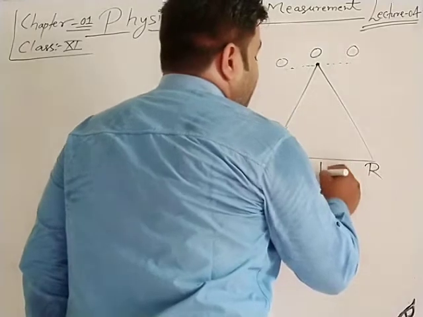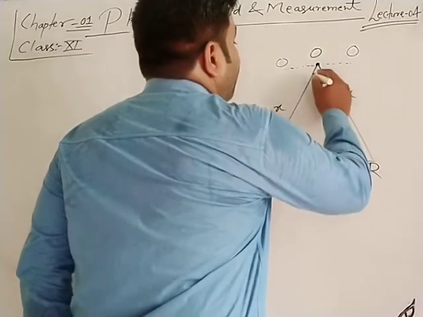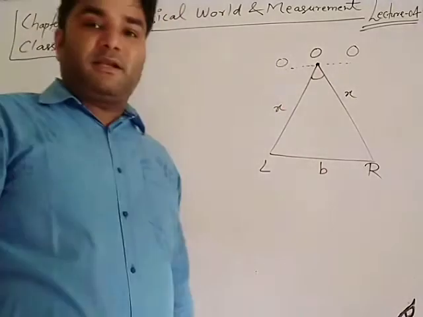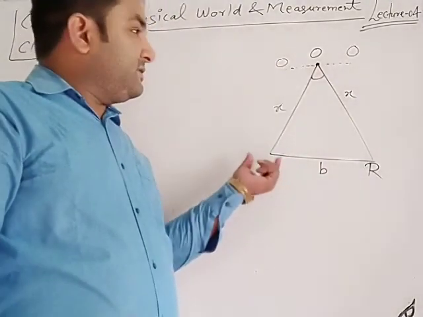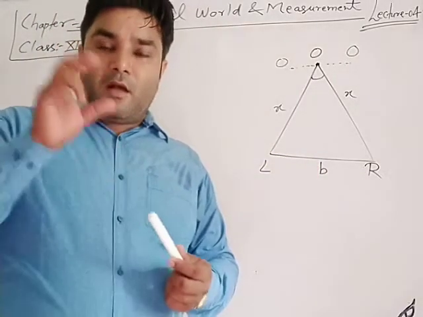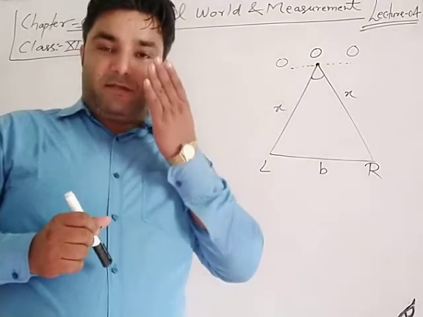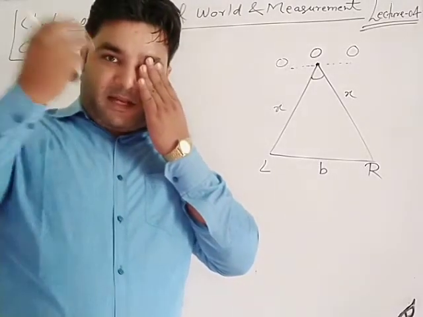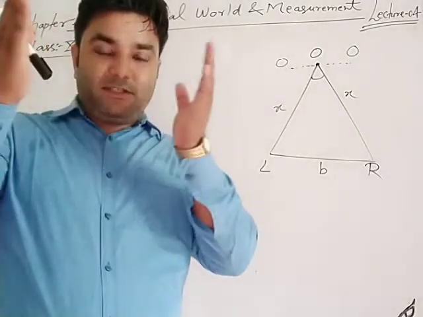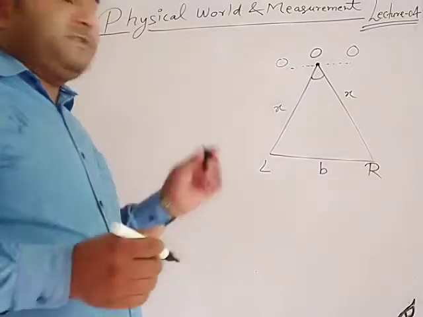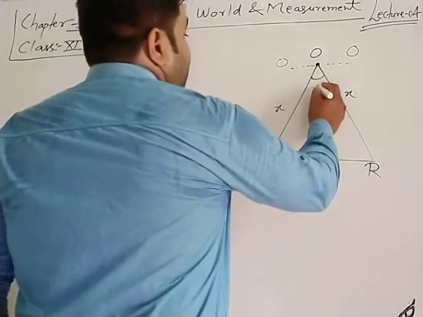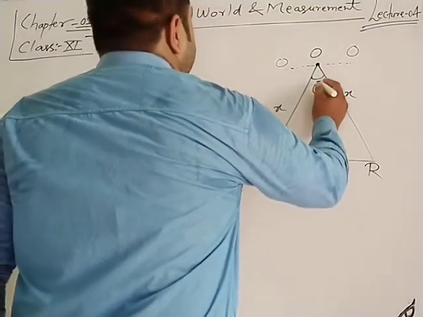Suppose this distance is B, and this one is x, and the angle at the object point when viewed with two different eyes, first with the left eye closed, meaning viewing with the right eye, and then closing the right eye and viewing with the left eye, the change in position of the object is defined as parallax.